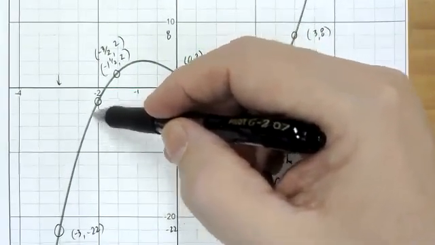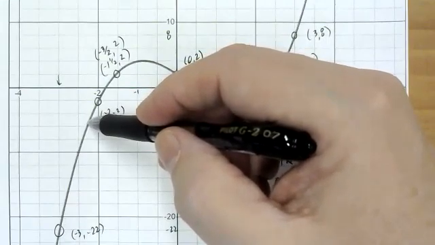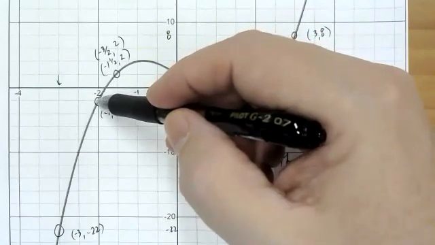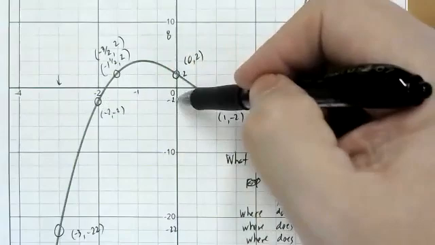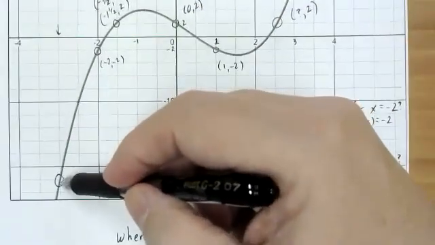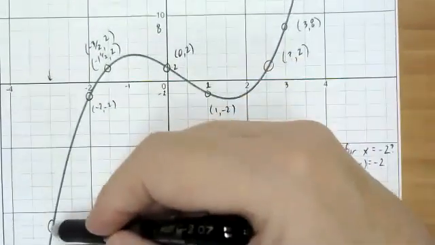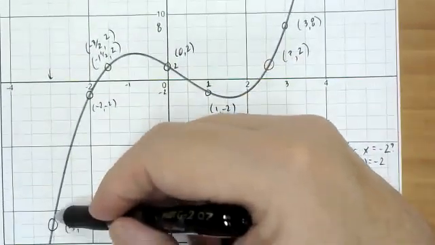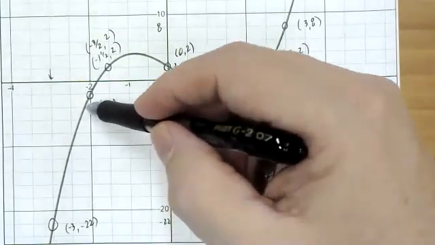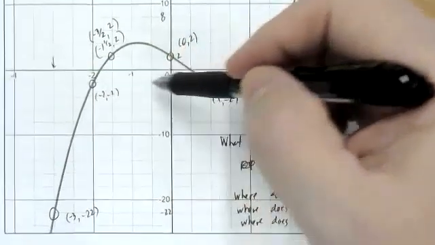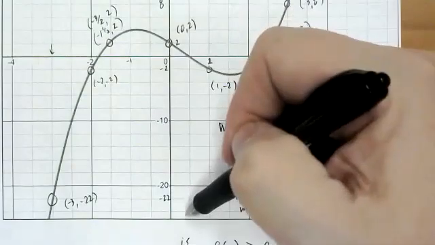Is the function down here a positive or negative value? Well, we already know right here, if I stopped right here, what's the value of the function? Negative 2. If I went way down here, what's the value of the function here? Negative 22. Hopefully you can see that every value of the function for here is always going to be a negative number, or we can say it's going to be less than 0.